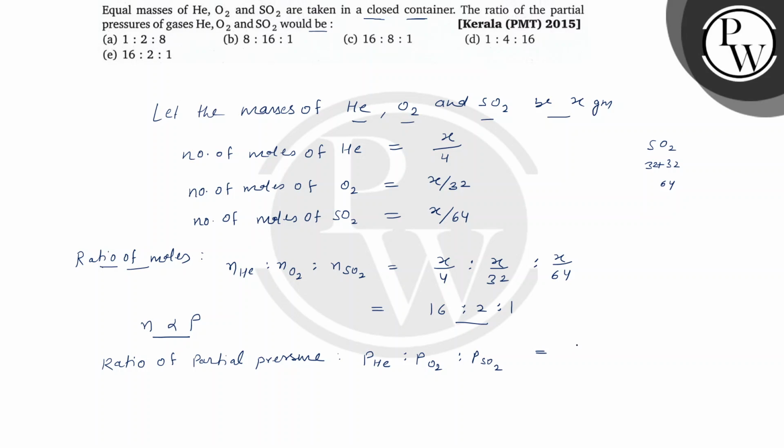This is equals to 16:2:1. जो रेशियो मोल का होगा वही रेशियो किसका हो जाएगा, पार्शियल प्रेशर का, because n is directly proportional to pressure at identical conditions. यहाँ पर क्लोज कंटेनर है, that is why we can say that option 16:2:1, option E is the correct answer.